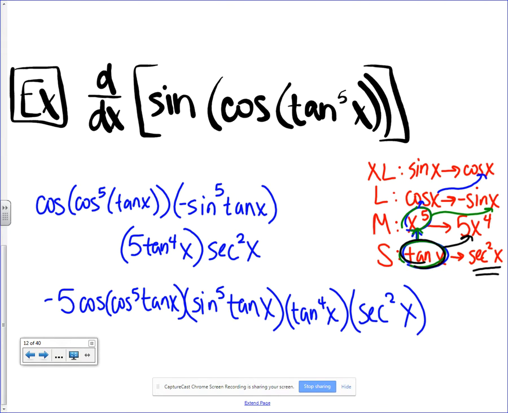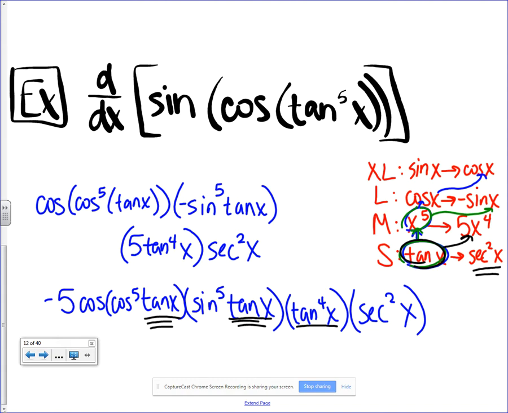I have some people that ask me, can I take this with this and make it tangent to the 6th? And the answer is no, because this tangent and this tangent are angles. Okay, they are in where the angles are.